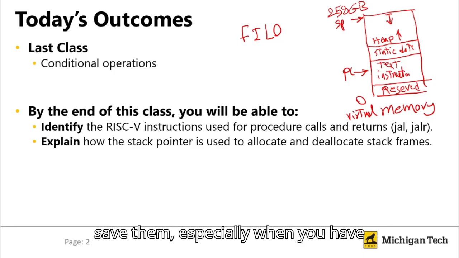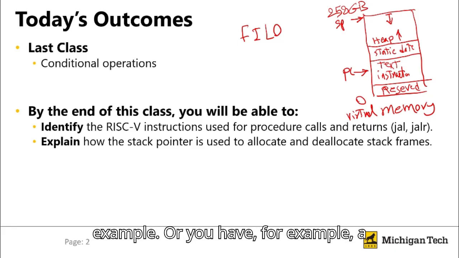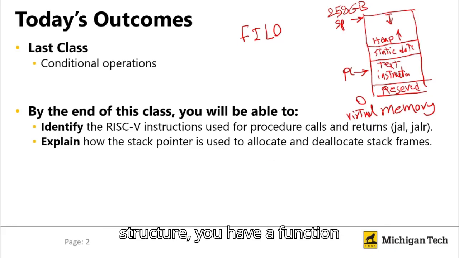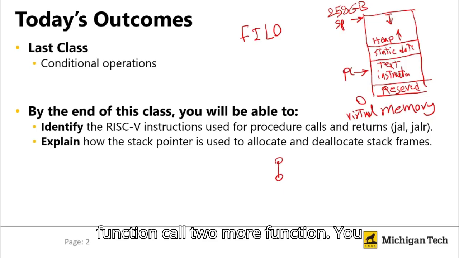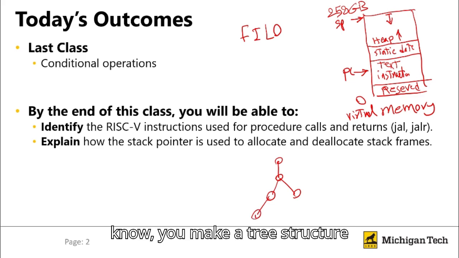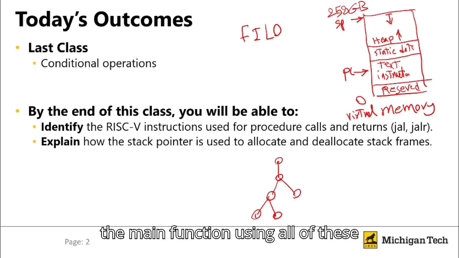So you need to save them, especially when you have multiple functions that call each other, like recursive functions, for example. Or you have a function that calls another function, and that function calls two more functions. You make a tree structure with the main function using all of these functions.